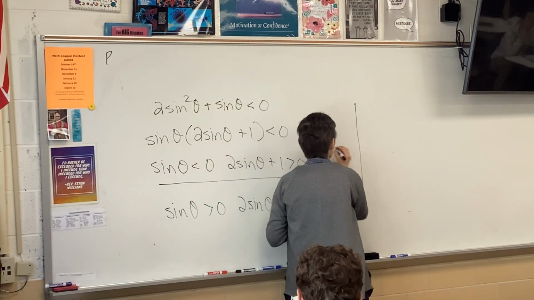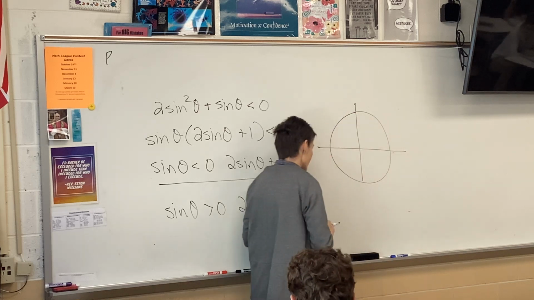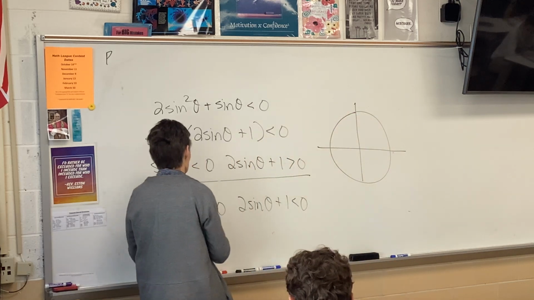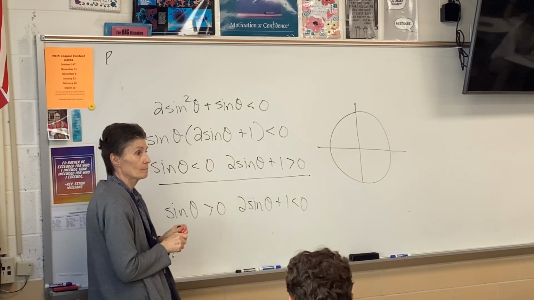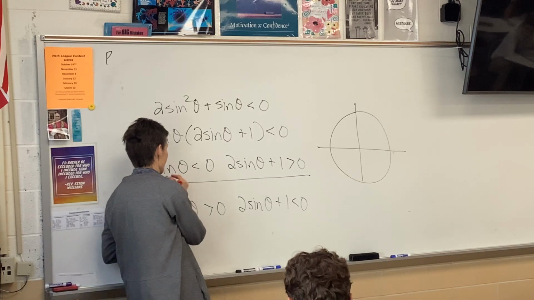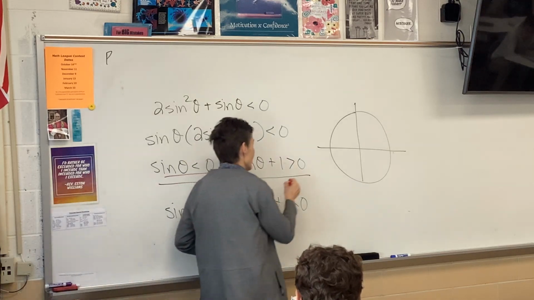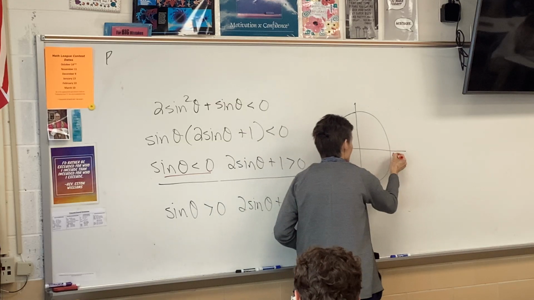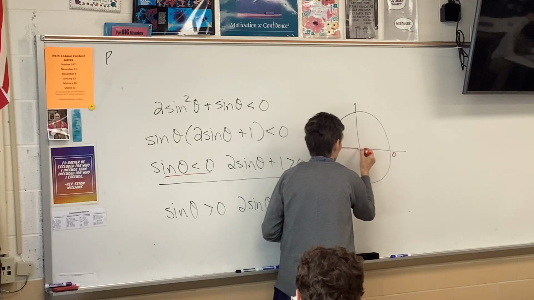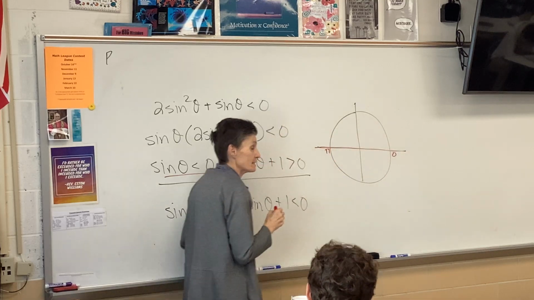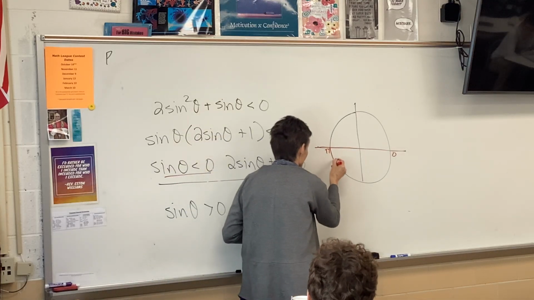So where on the unit circle is the sine 0? Right here and right here, right? So here is where it's 0. Where is it less than 0? All of this.